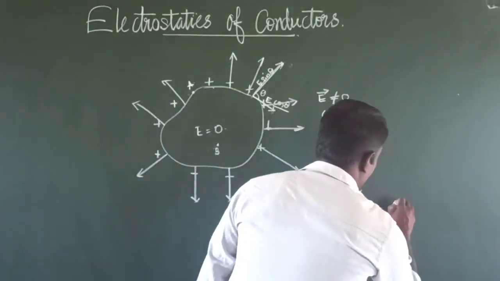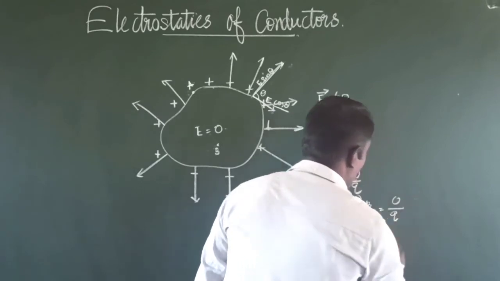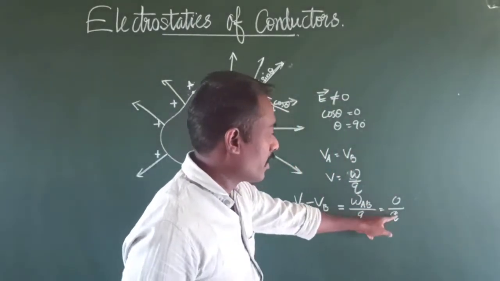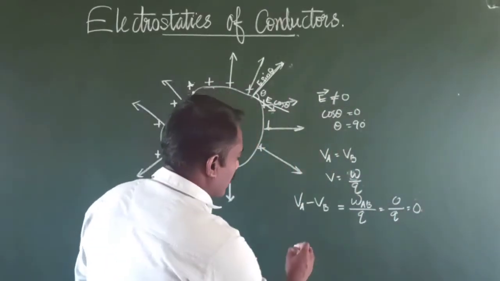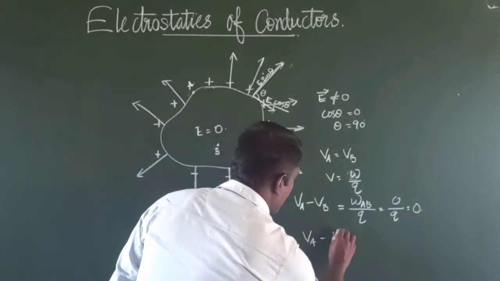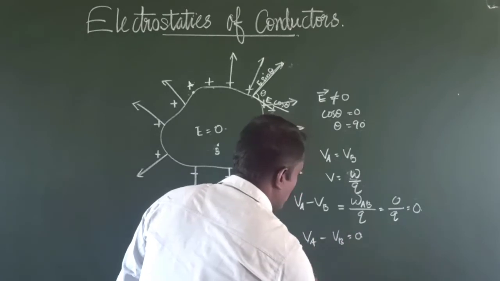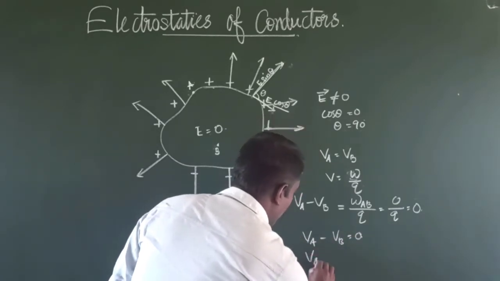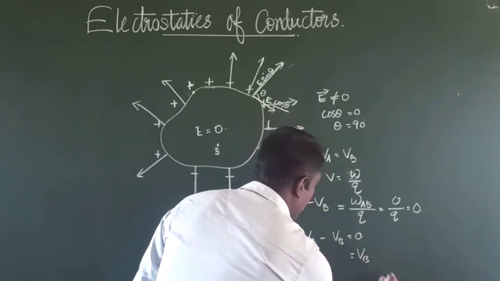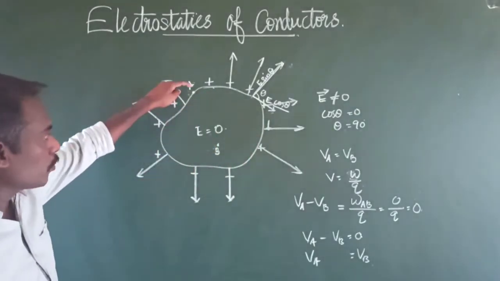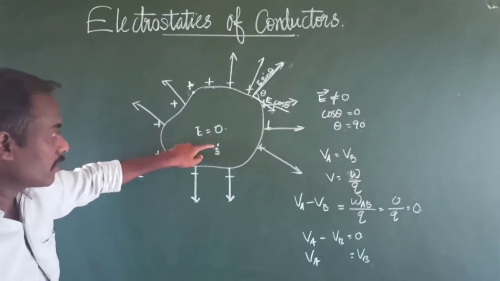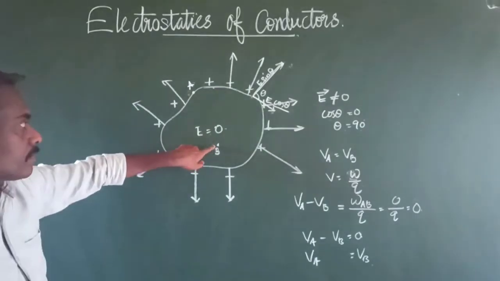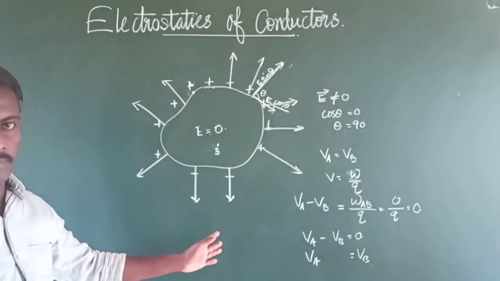So we say 0 divided by Q, which is 0. So VA minus VB is equal to 0. That means VA is equal to VB. That means the potential at these 2 points, one on the surface of the conductor and the second inside the conductor, is equal.